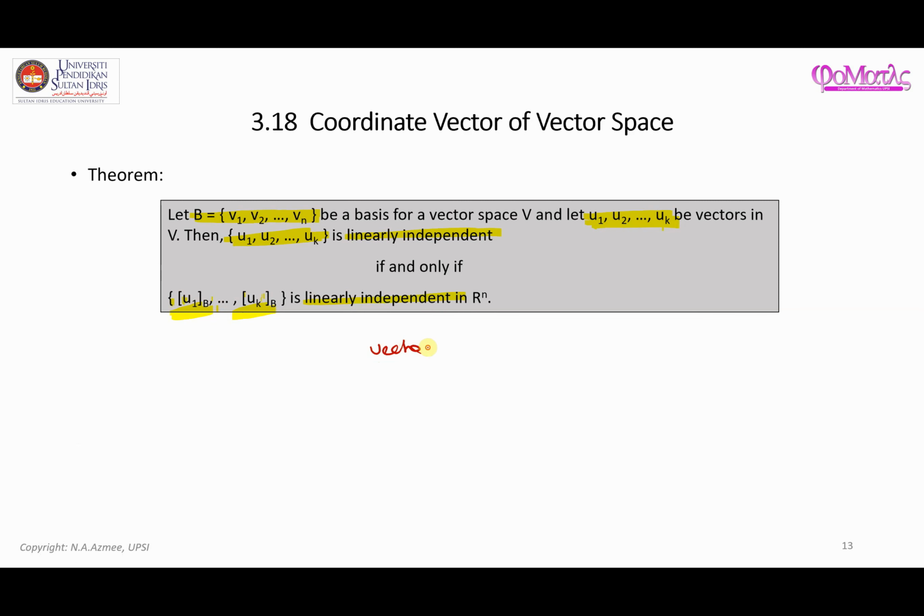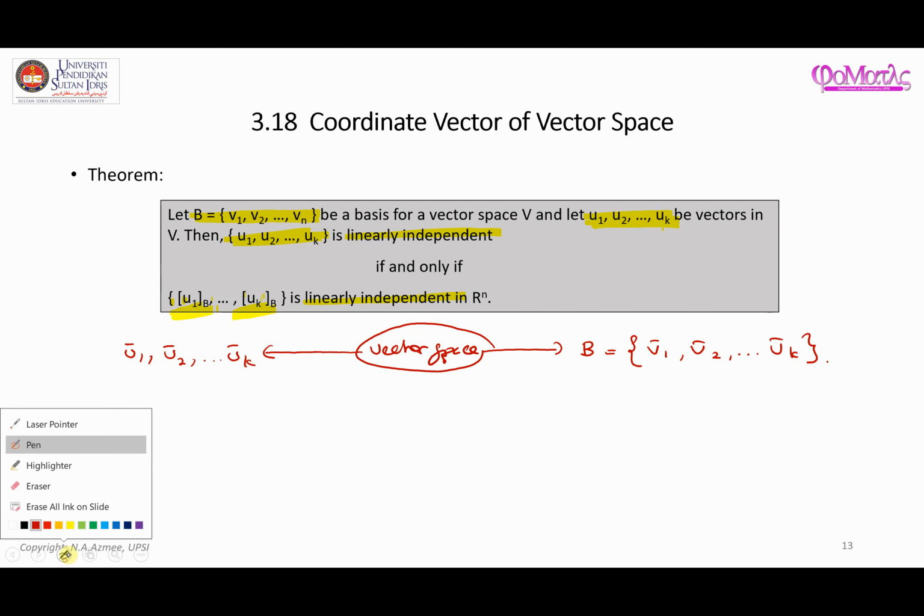For this vector space, we have a basis B, given as the combination of all these vectors v1 up to vk. Then we have many vectors u1, u2, up to uk, and we have seen previously that we can link these vectors with a basis.